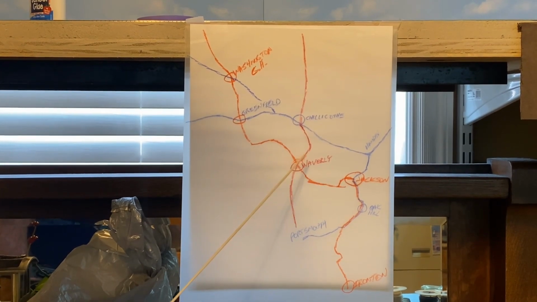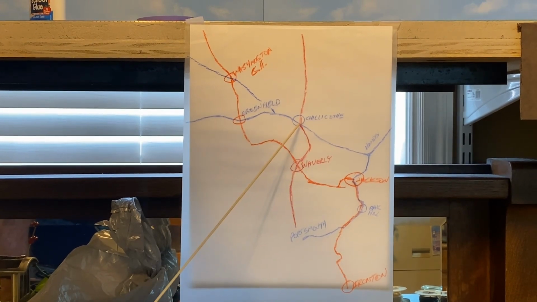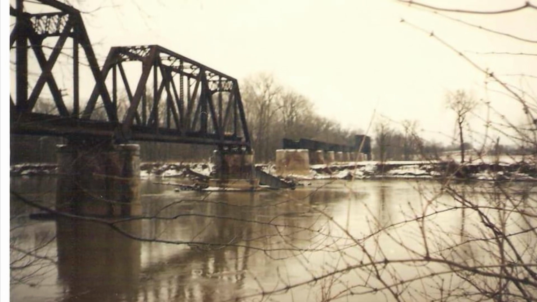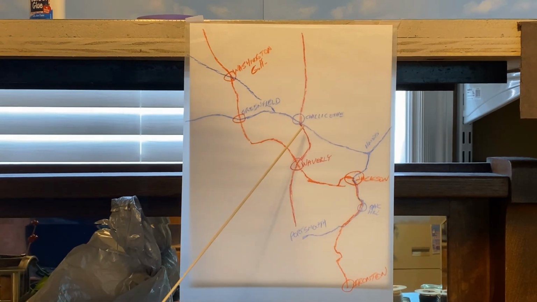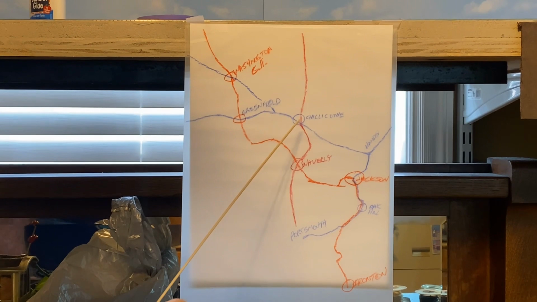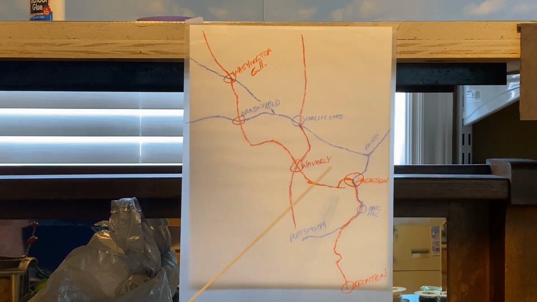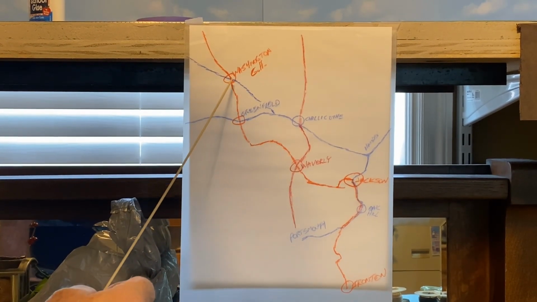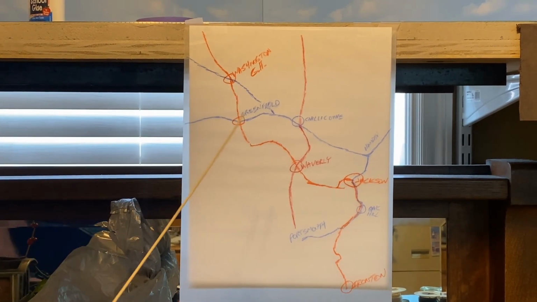And once the CH&D bridge in Chillicothe was condemned, they required a long backing move, and they just decided to abandon the whole thing. So about 1986, 1987, the DT&I, or the Grand Trunk, did not run any farther south than Washington Courthouse, and they actually sold that to a short line.